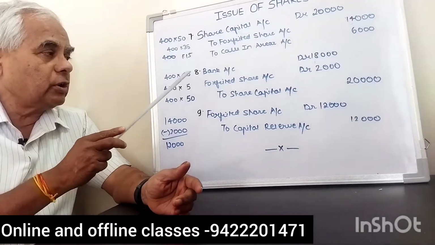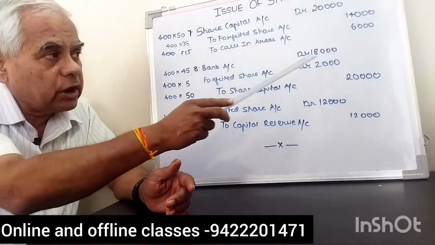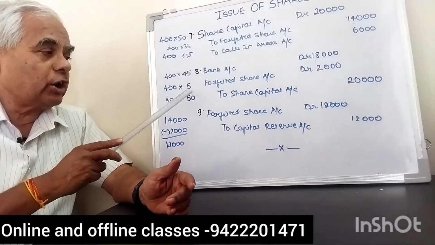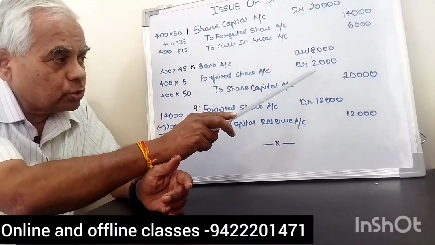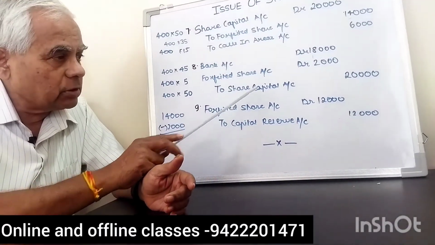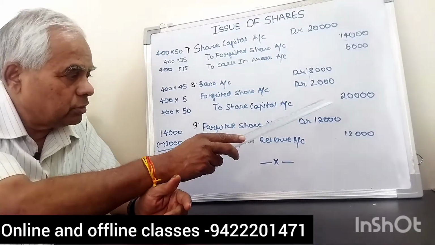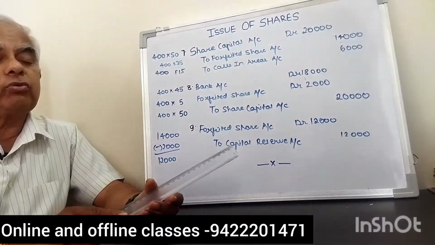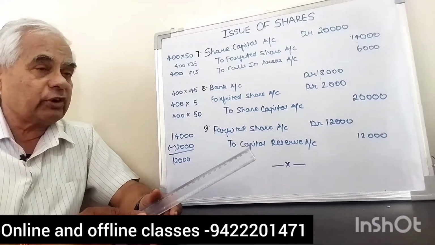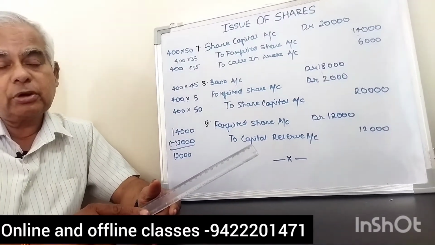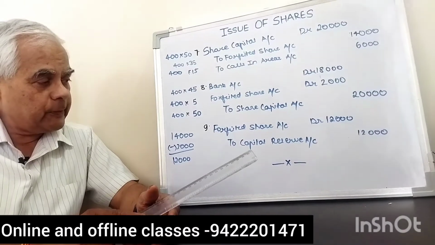Bank account debit 400 into 45, 18,000. 5 rupees discount, forfeited share account debit 400 into 5, 2,000. To share capital 20,000. Narration being 400 forfeited shares reissued at rupees 45 each, fully paid up, discount transferred.